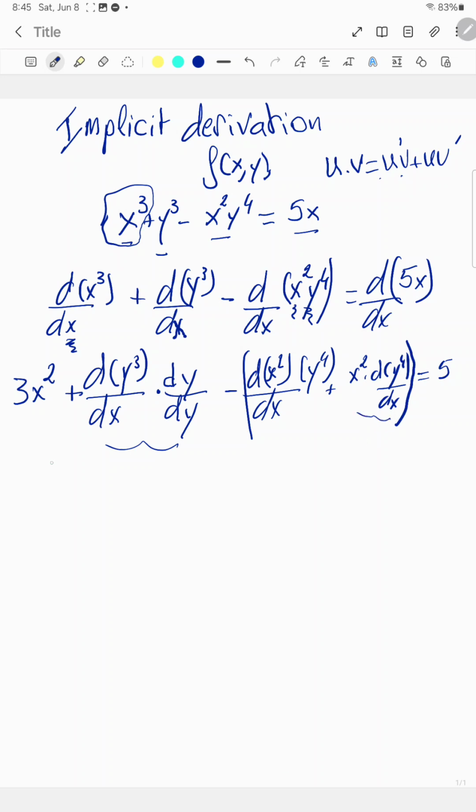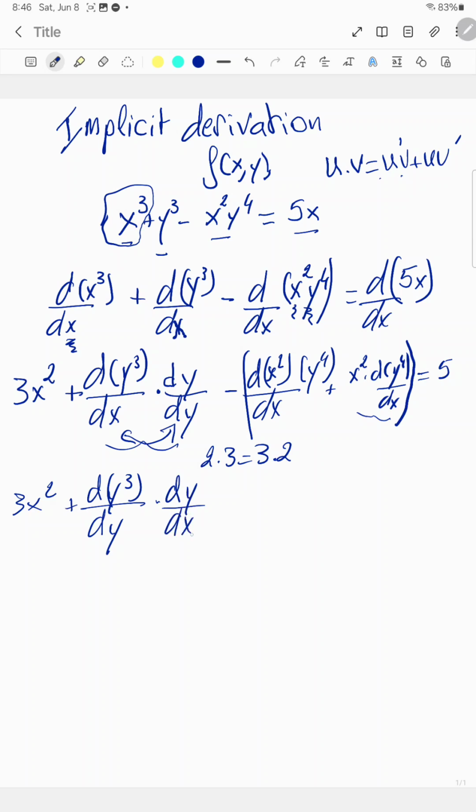So this will become 3x squared. Now I know 2 times 3 is equal to 3 times 2, which is equal to 6. So now I can swap my dy and my dx, because multiplication of a fraction is numerator times numerator and denominator times denominator. So plus dy to the power of 3 divided by dy times dy divided by dx.